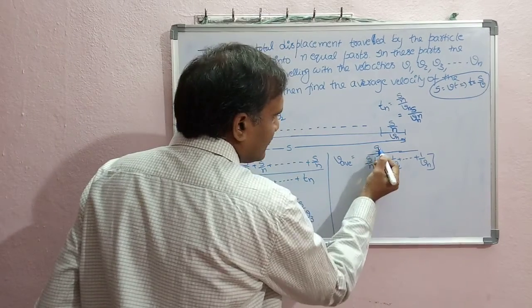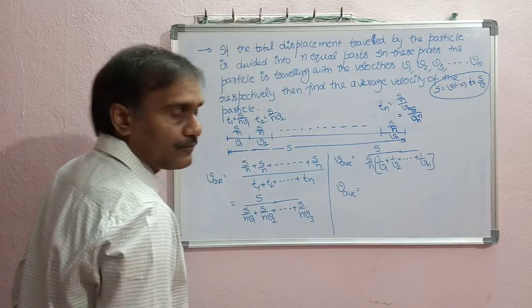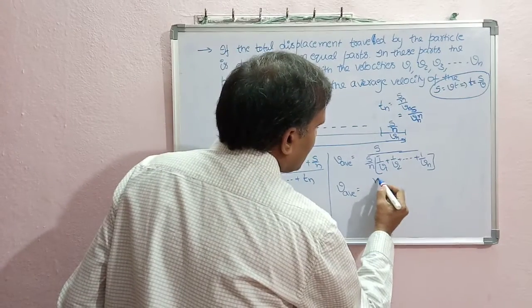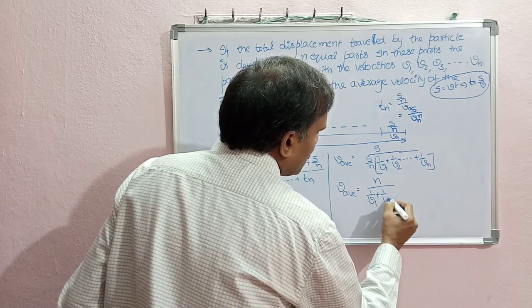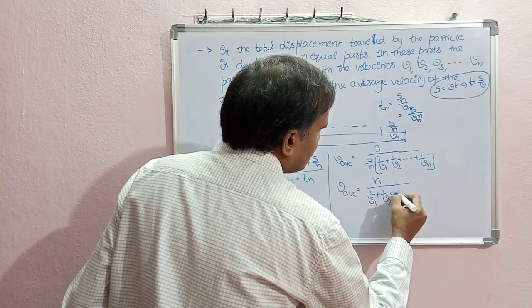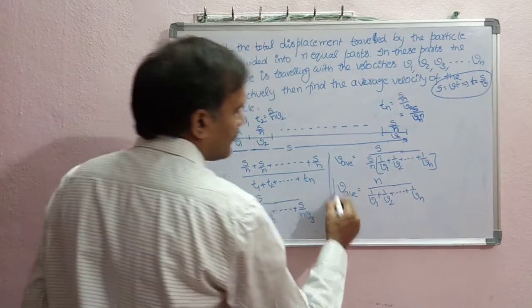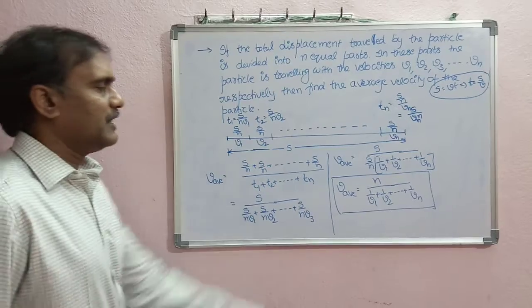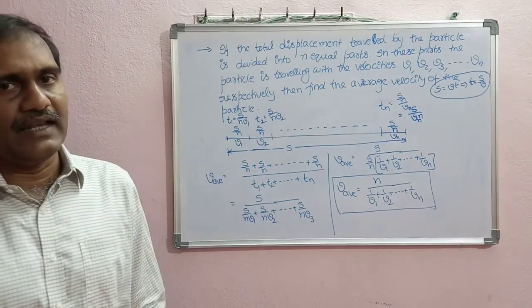Now this S gets cancelled, therefore V average is equal to N, which goes to the numerator, divided by 1 by V1 plus 1 by V2 plus so on up to 1 by Vn.